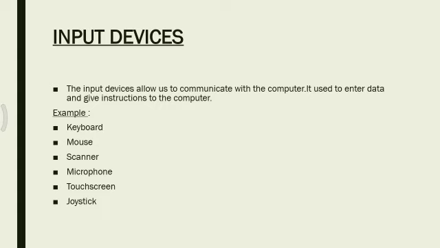So what are the input devices which we can touch, like keyboard, mouse, scanner, microphone, touchscreen, and joystick. These all are input devices, which allow us to communicate with the computer. Let's see the first one.